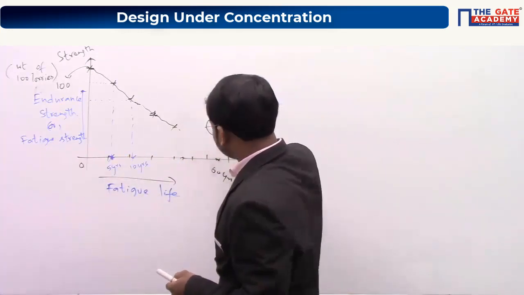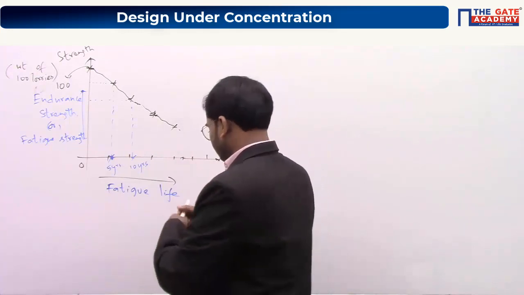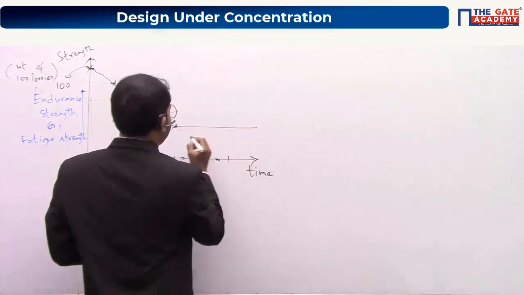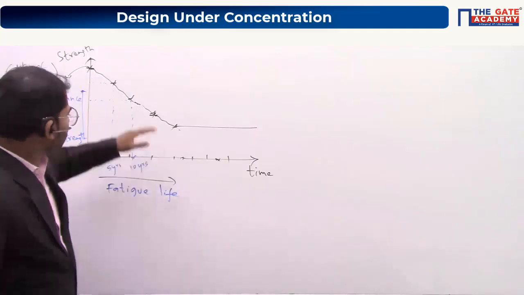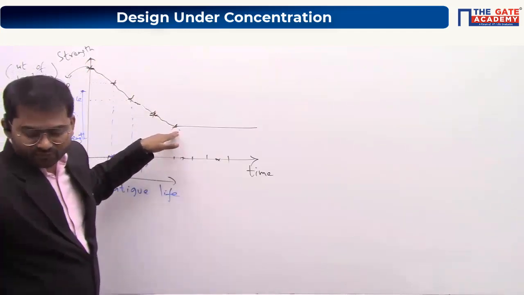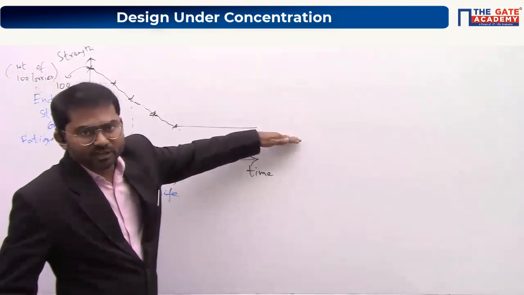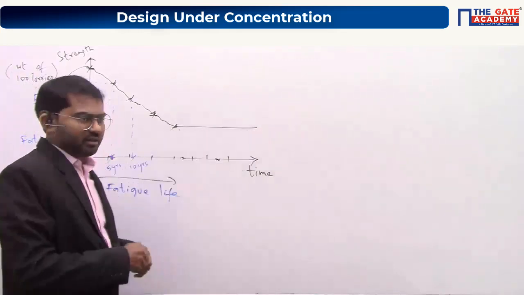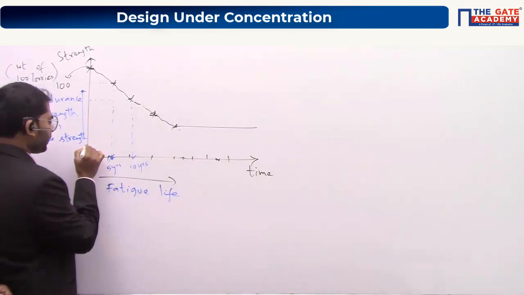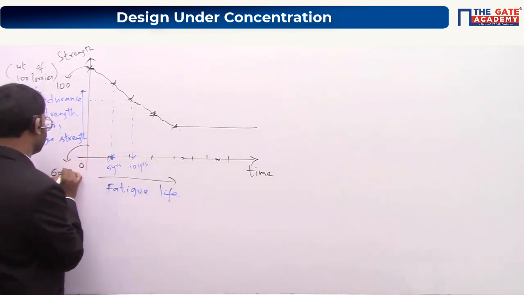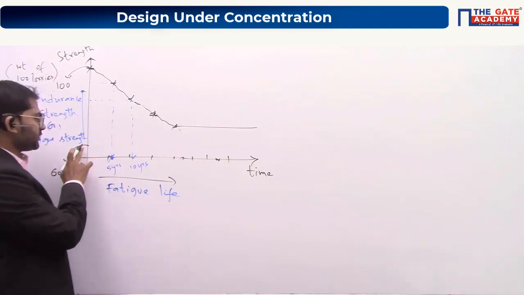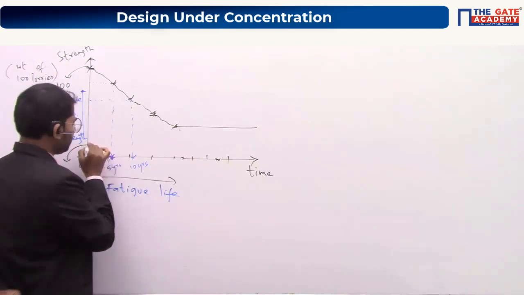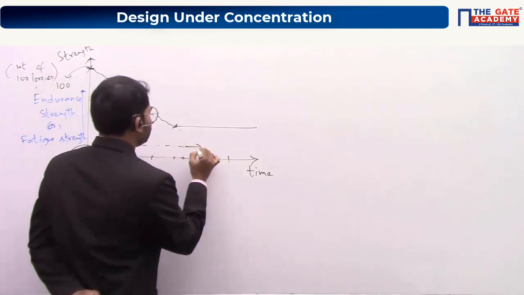So in a real scenario, what happens is the components will be having strength variation with respect to time in this way. Strength will decrease over time like this, but afterwards it becomes a horizontal line. That means if you have a case where the 60 kg person is crossing over the bridge, if this is the value of stress applied there, then you see that corresponding life is at infinity.